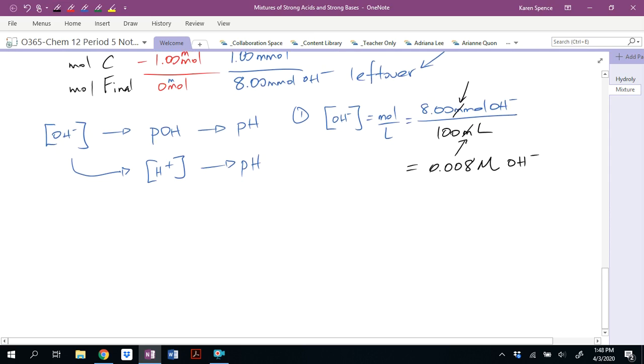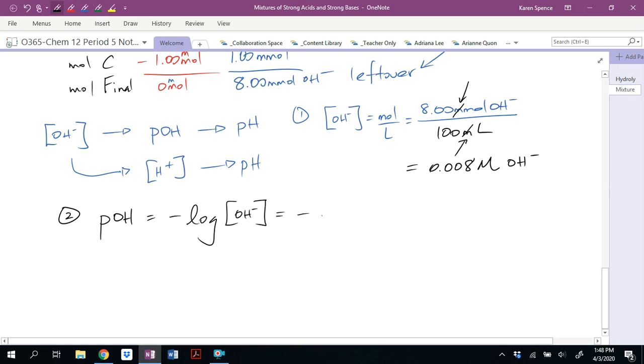And now, second thing we're going to do is we're going to find the pOH. Pause the video and write for yourself the pOH formula. I'm going to write the pOH formula. It is the negative of the log of hydroxide concentration.